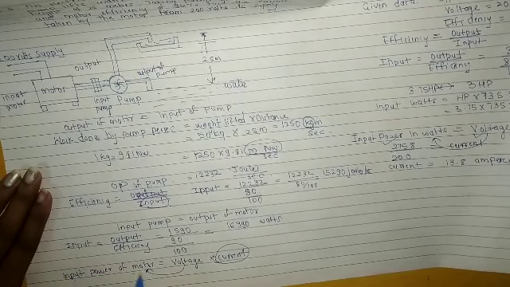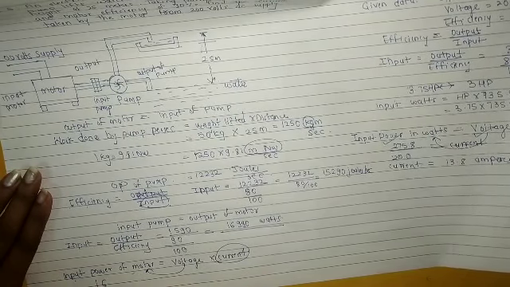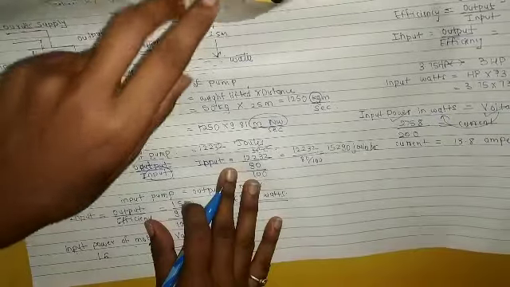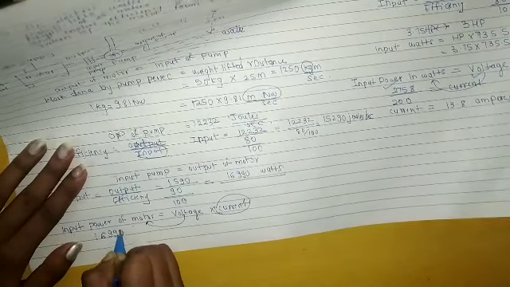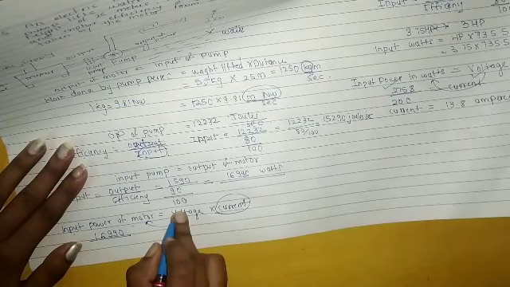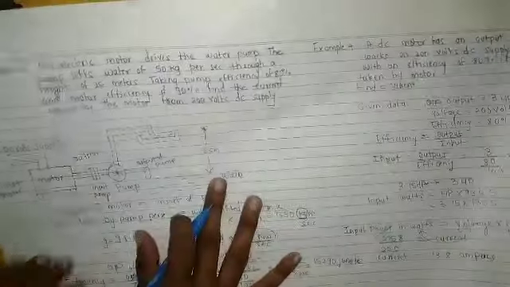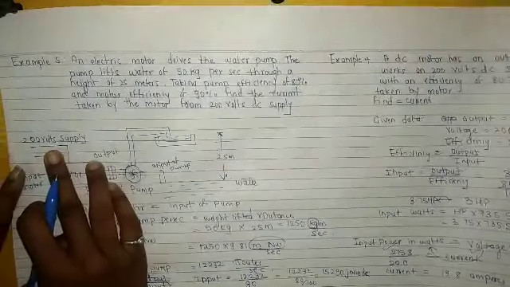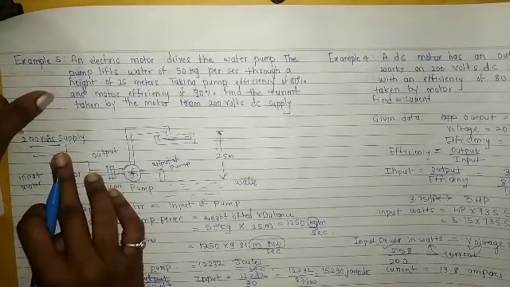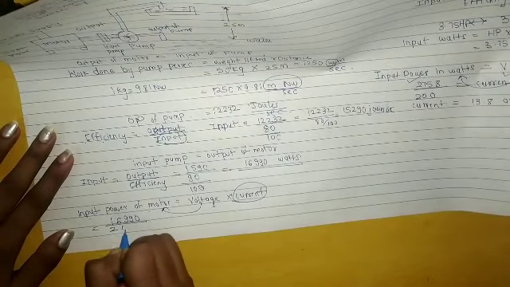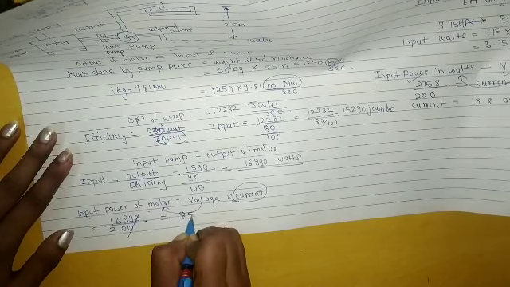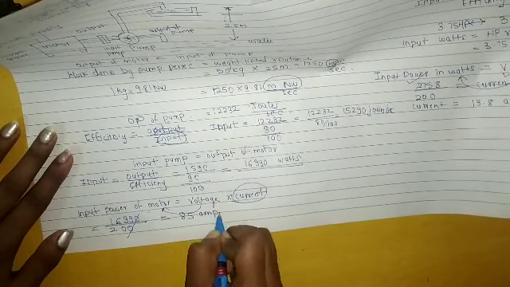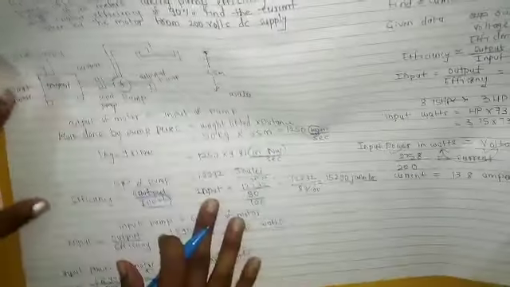The input power of the motor is 16990, divided by the voltage. They have given the supply voltage as 200 volts. So we'll write 200. After calculating this, our answer is 85 amperes. So this is our answer.